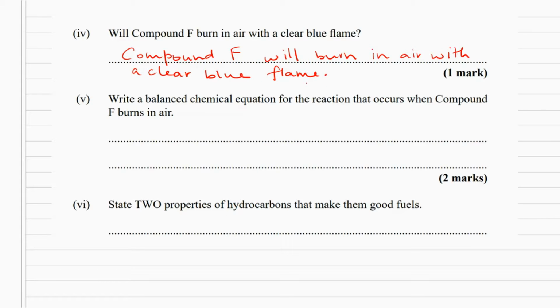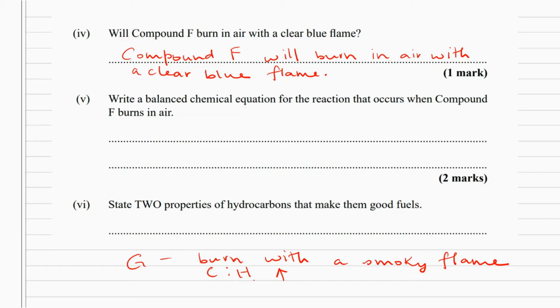Now, the reason why compound G would burn with a smoky flame instead of a clear blue flame is that the ratio of carbon to hydrogen in alkenes is higher than in alkanes.